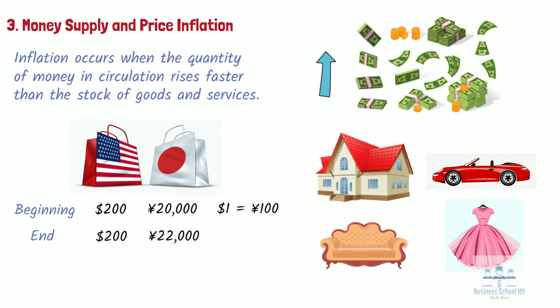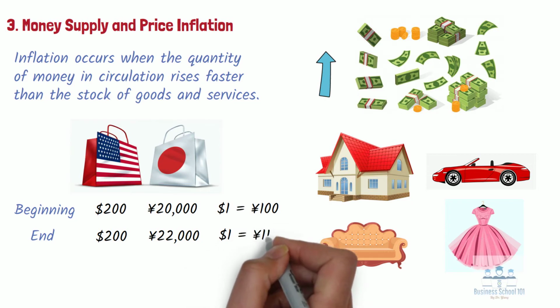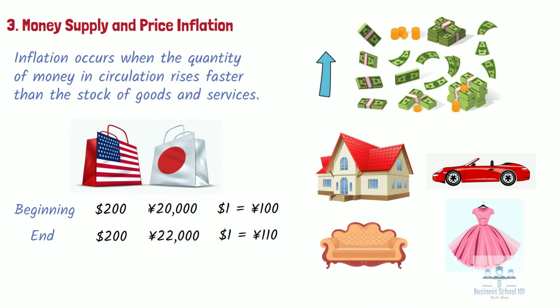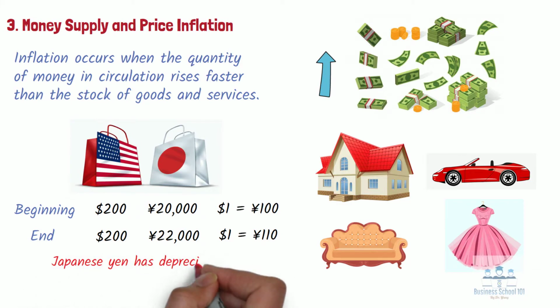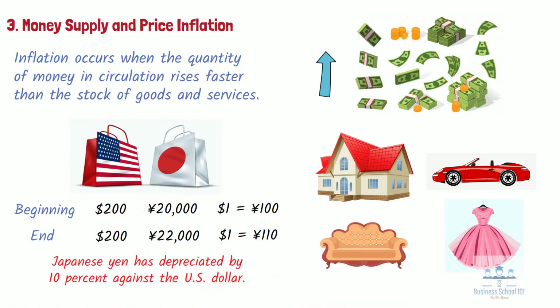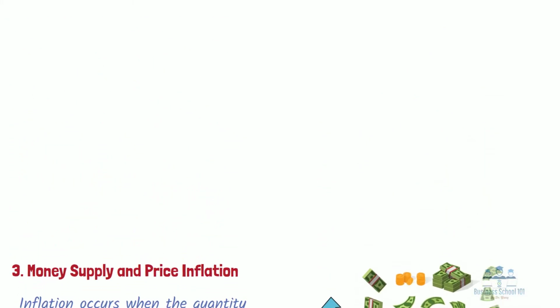PPP theory predicts that the exchange rate should change as a result. More precisely, by the end of the year, $1 should be equal to 110 yen. Because of the 10% price inflation, the Japanese yen has depreciated by 10% against the dollar. In other words, $1 will buy 10% more yen at the end of the year than the beginning.